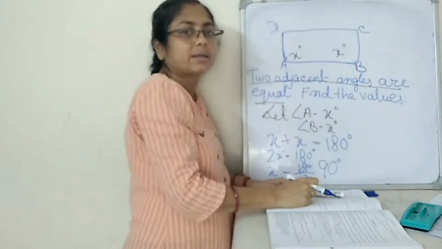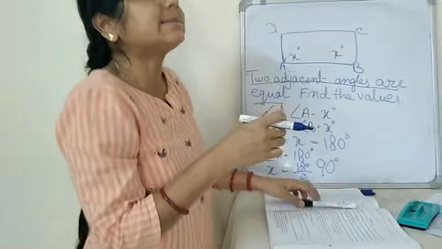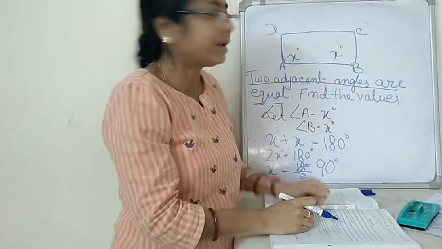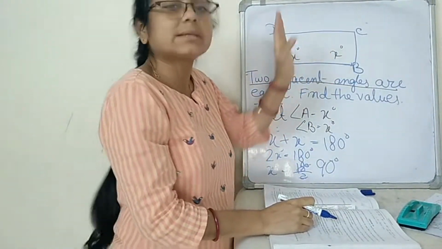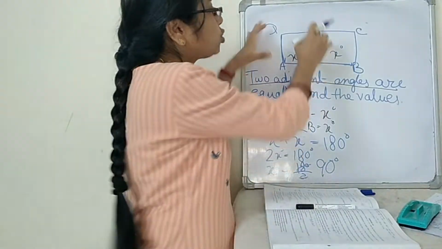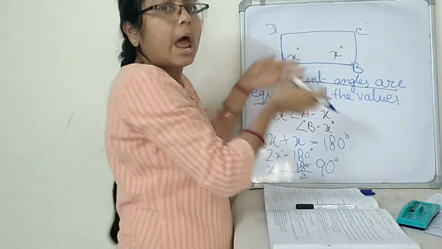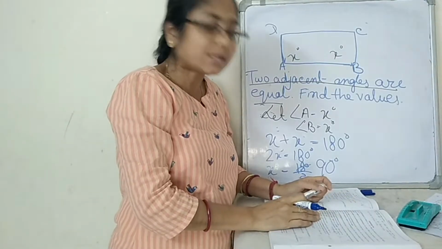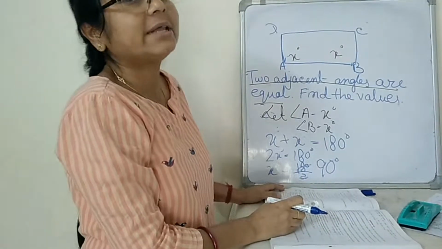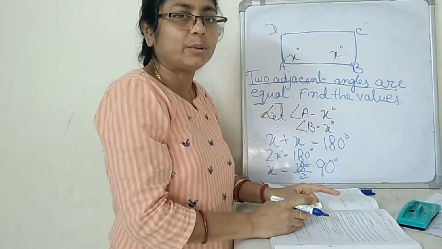Please recall it. When you do the maths, you always recall the previous one. It is 90 degrees. The angles are 90 degrees and two sides are small and two sides are big. So, please respond. This is a rectangle.